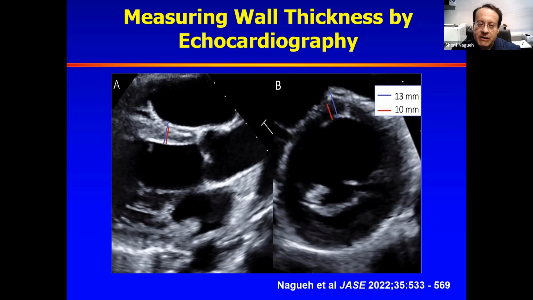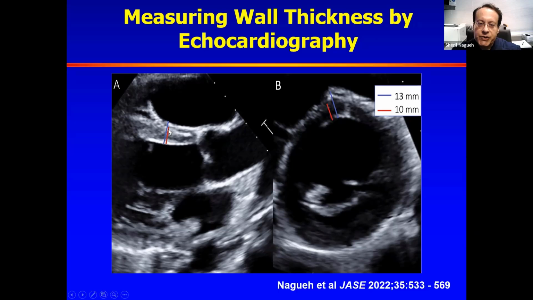Off-axis cuts will result in increased thickness, and obviously as a result of that, errors, not just in segmental thickness, but also in ventricular mass calculations if one were to use some of the uniform equations, as opposed to 3D, which is the recommended method for looking at LV mass by echo.